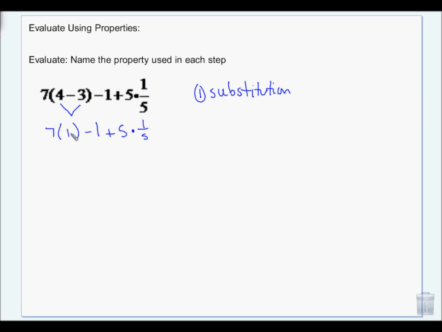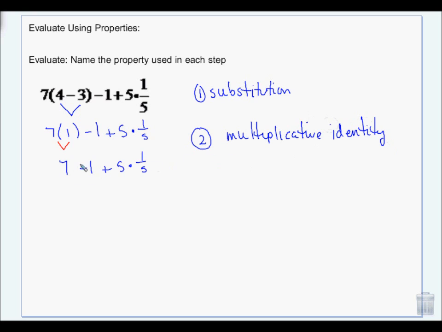The next thing we're going to do is we're going to multiply by 1, because that came first. 7 times 1 is 7. And what we used in that second step was the multiplicative identity, because we multiplied by 1.